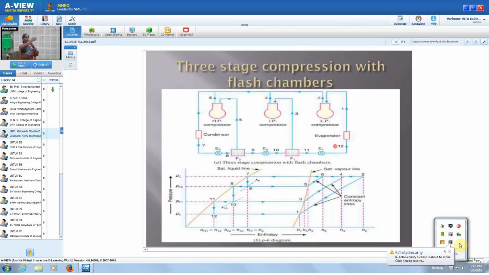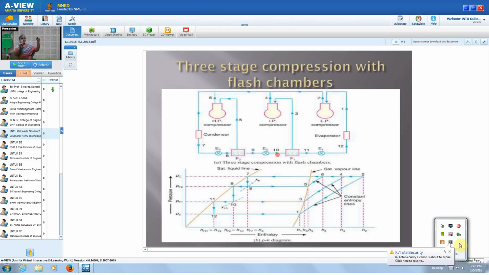In the compression process, 1 to 2 is the compression in the first compressor, 3 to 4 is the compression in the second compressor, and 5 to 6 is compression in the other compressor. Whereas in the expansion process, because there are 3 expansion valves, 7 to 8 is expansion in one expansion valve.